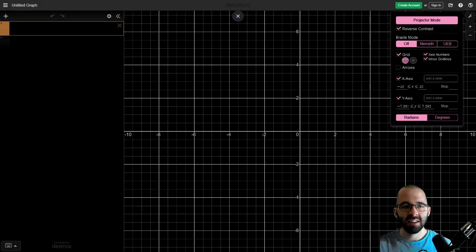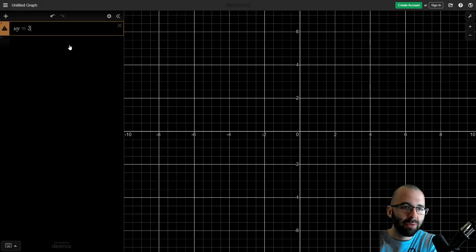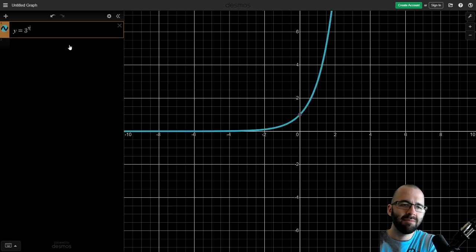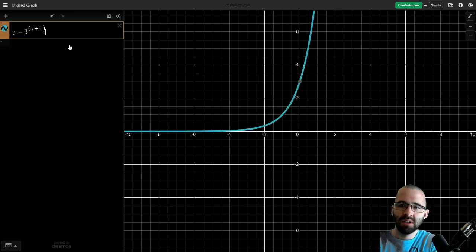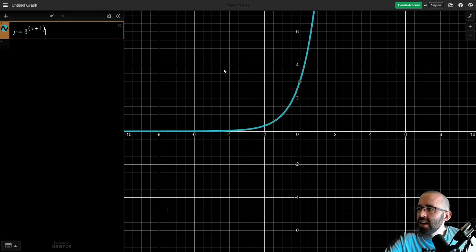That left-hand side is 3 raised to the x plus 1 power. And remember when we talk about domain and range, right? What's the domain of this function? All the x's. All real numbers. What's the range of this function? Only positive numbers.